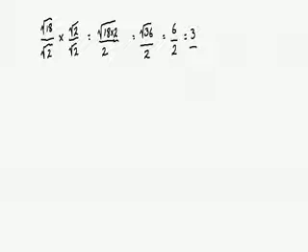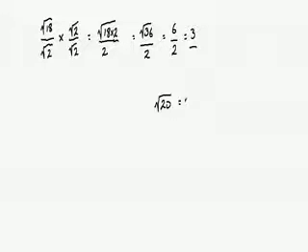But the things that you need to remember is any root times itself, you get the number inside the root. And you need to know your square numbers so that you can look for the square numbers in any number. So let's say we've got the root of 20. Can I break that down?